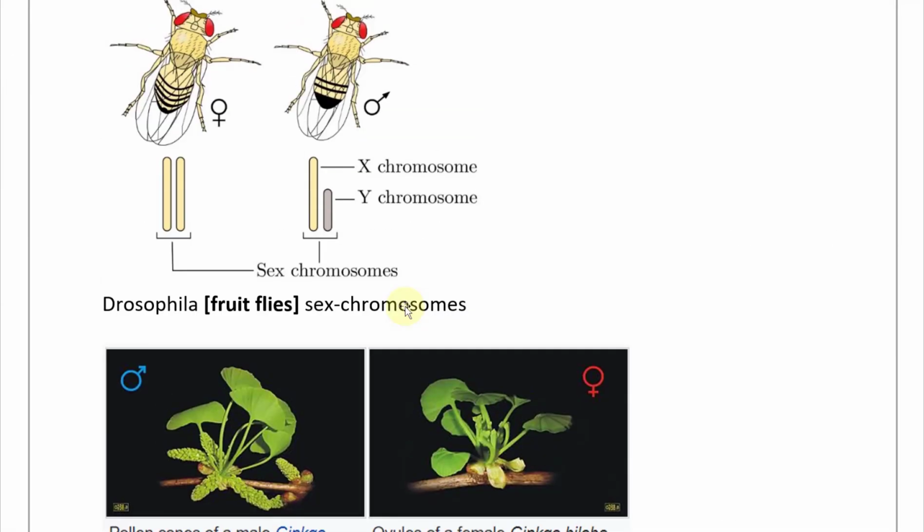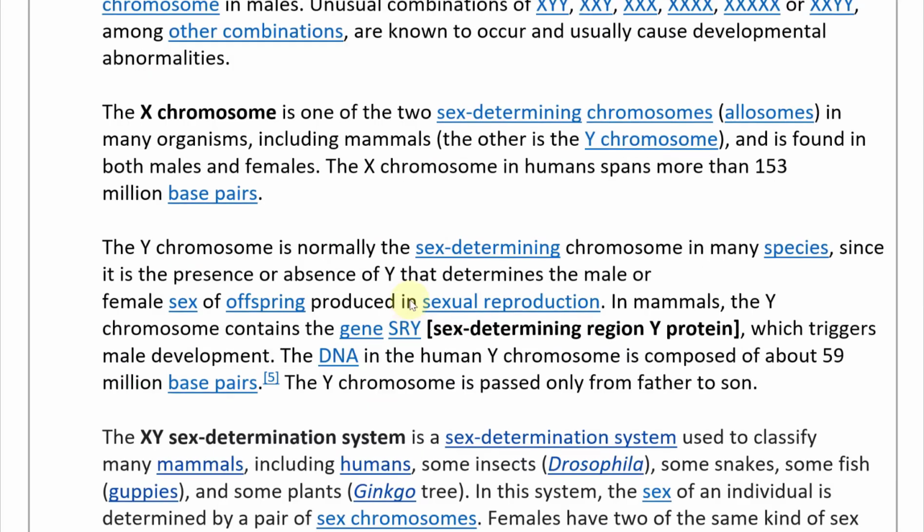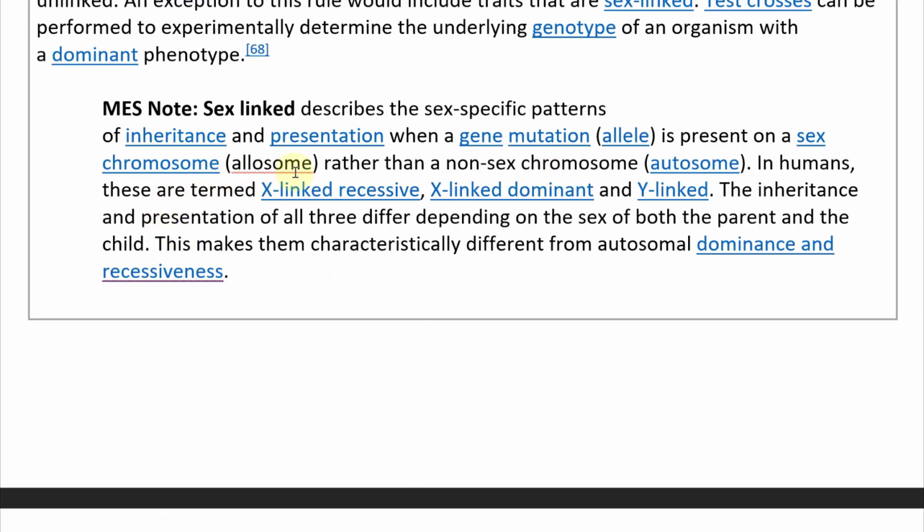This one we discussed when I discussed the inheritance types. Sex-linked inheritance describes the sex-specific patterns of inheritance and presentation when a gene mutation or allele is present on a sex chromosome, allosome, rather than a non-sex chromosome, autosome.